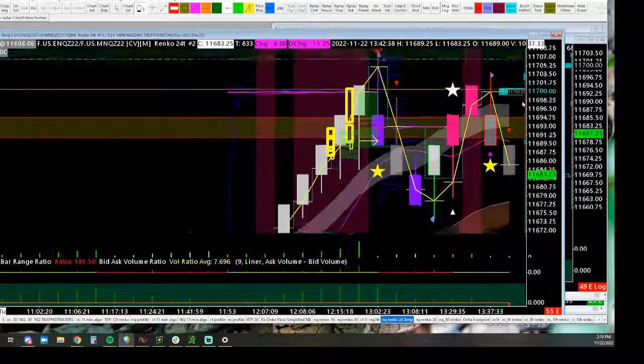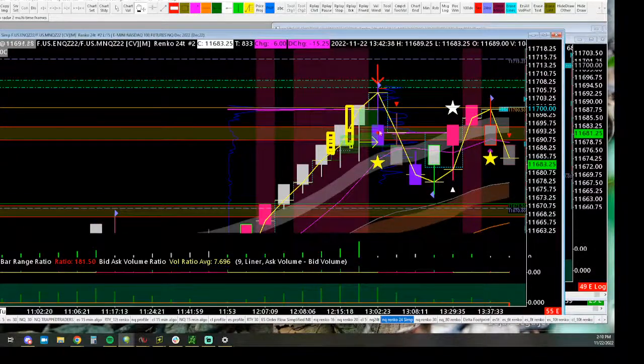So that bar doesn't count as being below; there's nobody trapped yet. Purple bars also don't count as having people trapped. And so I need, again, a bearish bar that's not purple to close with a VPOC below this pink line, and it doesn't happen. And so in retrospect, I shorted this, and I shouldn't have.